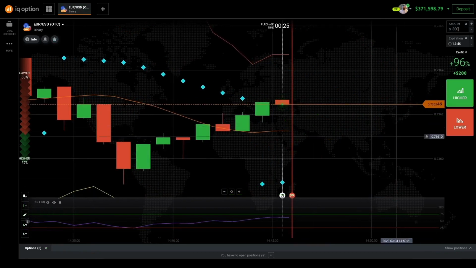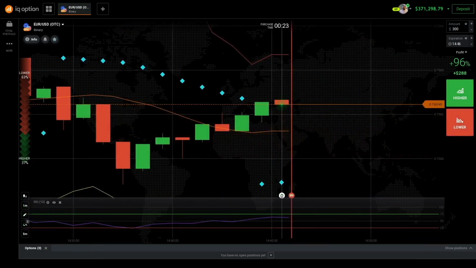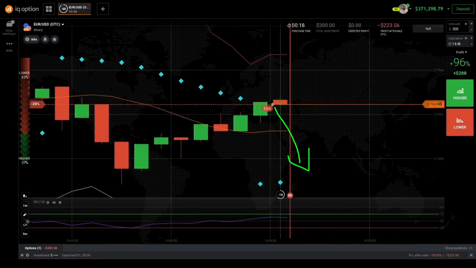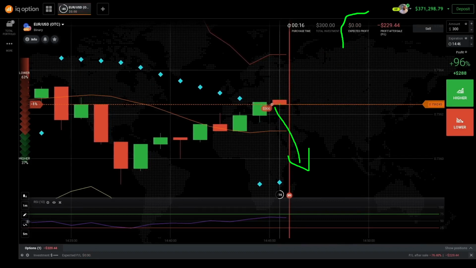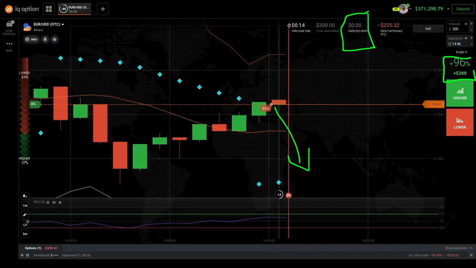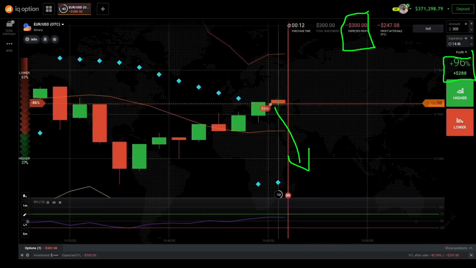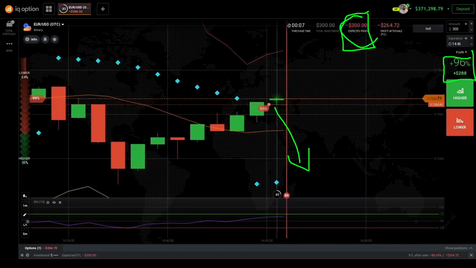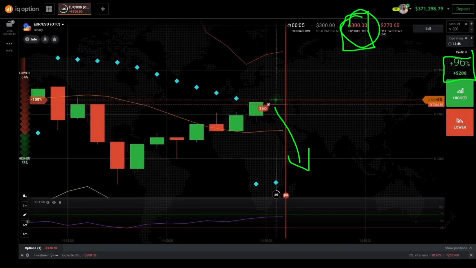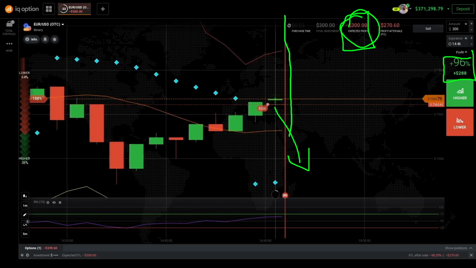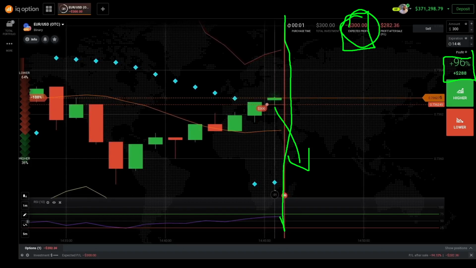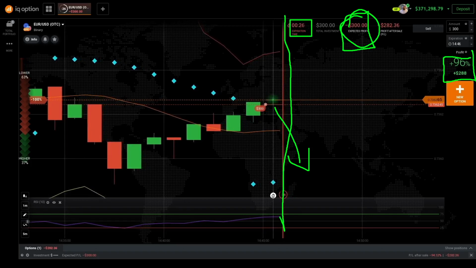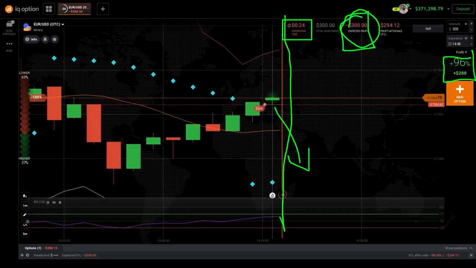Yep, I made another win. Let's open another. Yeah, this one is going down. If my prediction is right, I'm making this amount, 96%, which is $288. If my prediction is wrong, as you can see, I'm losing $300. So by the end of this candle, or this 1 minute, we will know if I was right or wrong. I will need to wait for 1 minute.